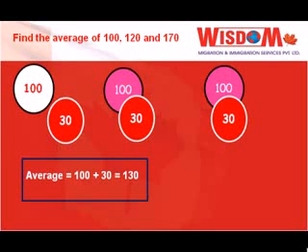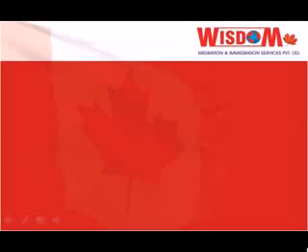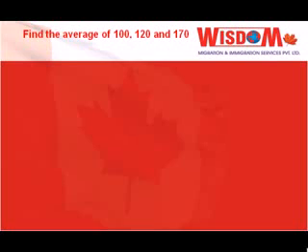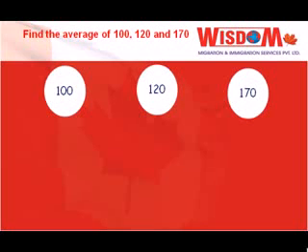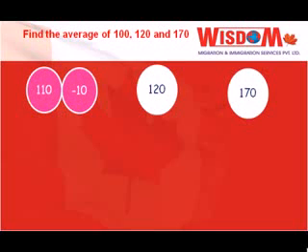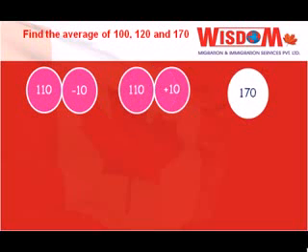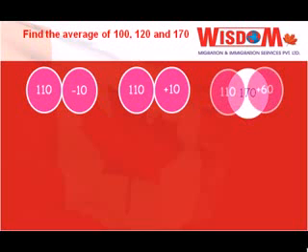Now, let us assume some other number to be the average, and we'll check whether we are getting the same answer or not. In the same example, where there are 3 numbers, 100, 120 and 170, I'm assuming 110 to be the average. Now 100 will give you a deviation of negative 10. 120 will give you a deviation of positive 10. And 170 would give you a deviation of positive 60.